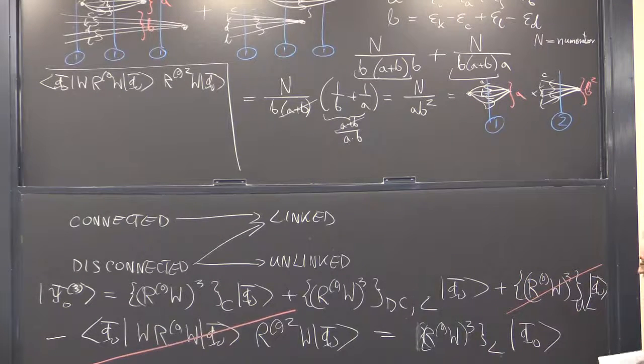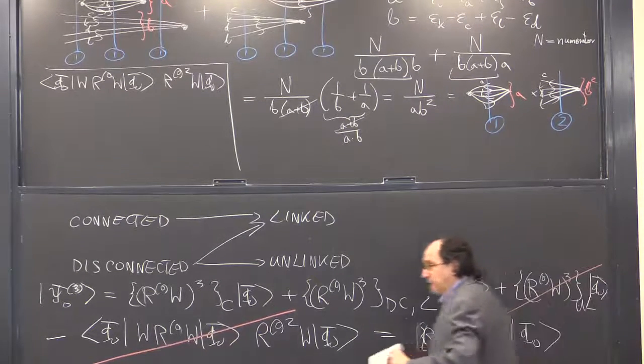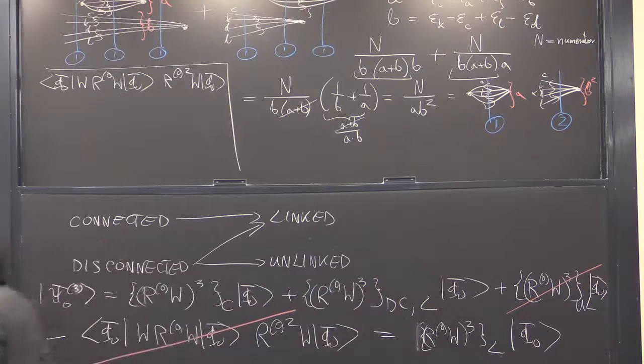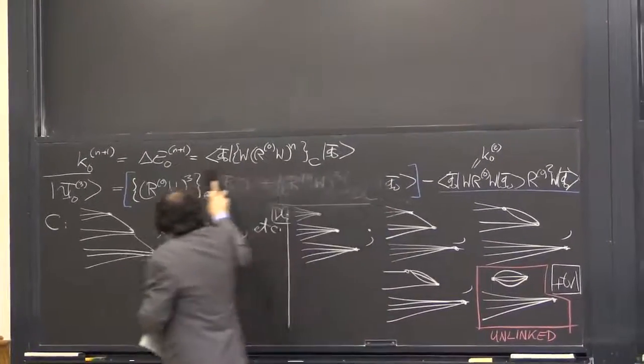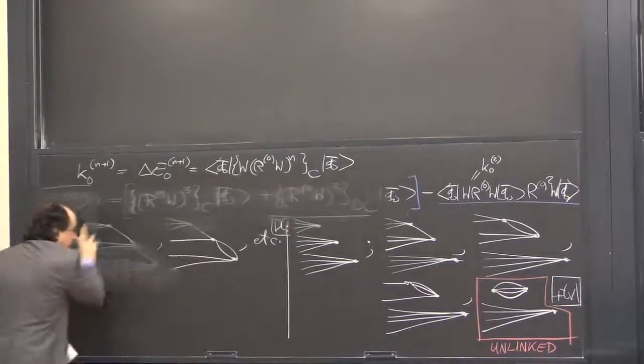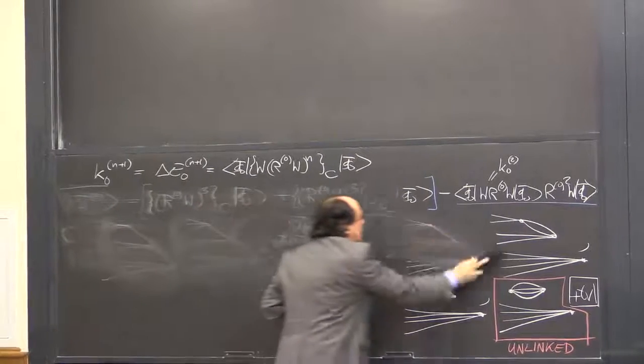Okay? So that means that we can anticipate the following result. We can anticipate that a similar cancellation happens in higher orders.